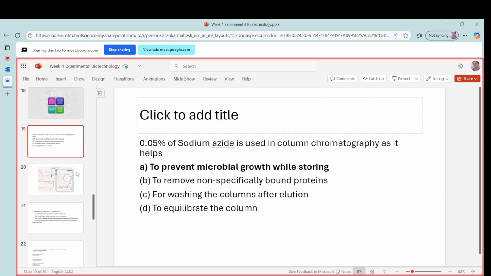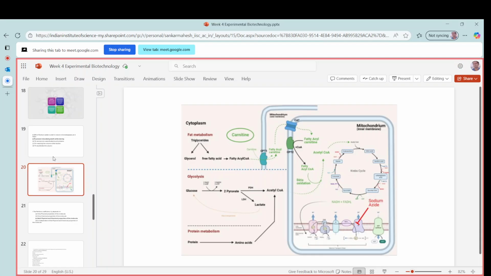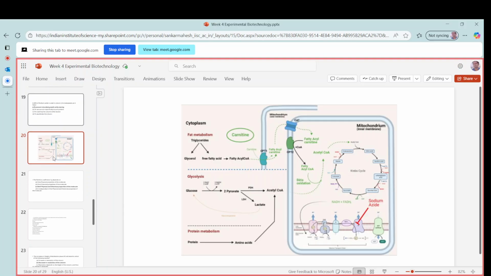We add a very small quantity of sodium azide, and precaution is usually taken because sodium azide can also kill any cell that has these transporters, which means even human cells.